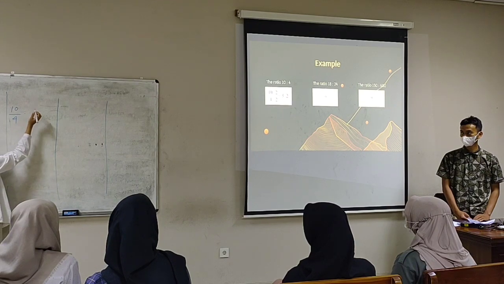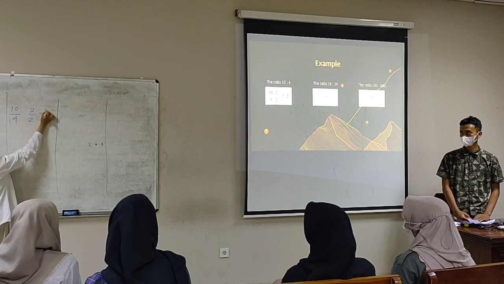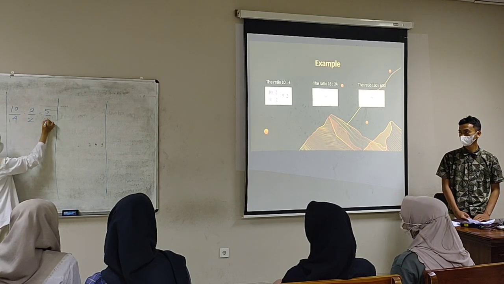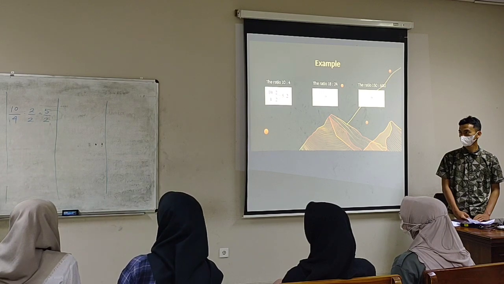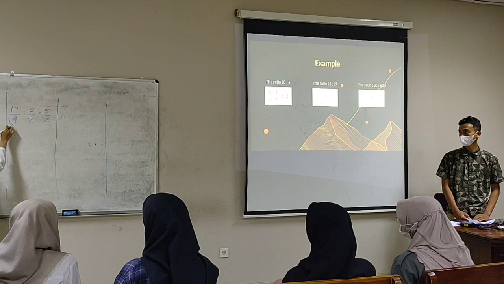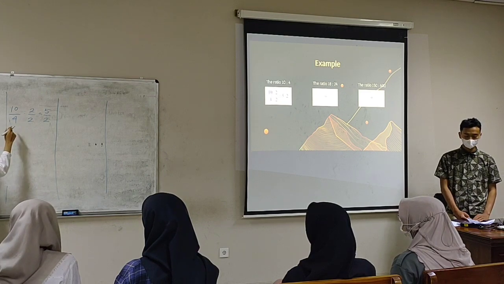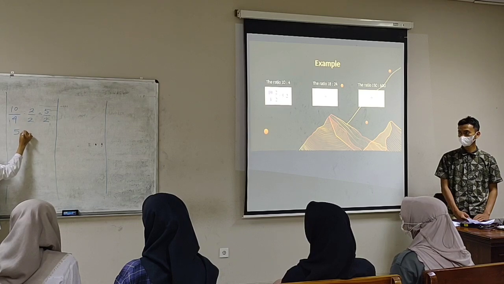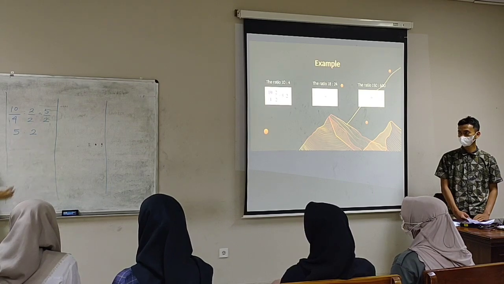So 10 divided by 2 is 5, and 4 divided by 2 is 2. So the simple ratio of 10 to 4 is 5 to 2.